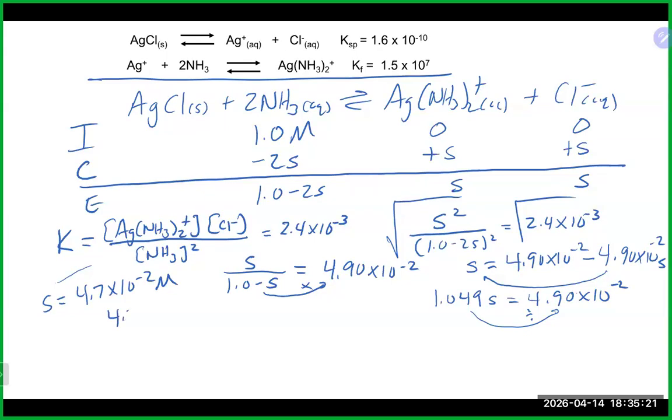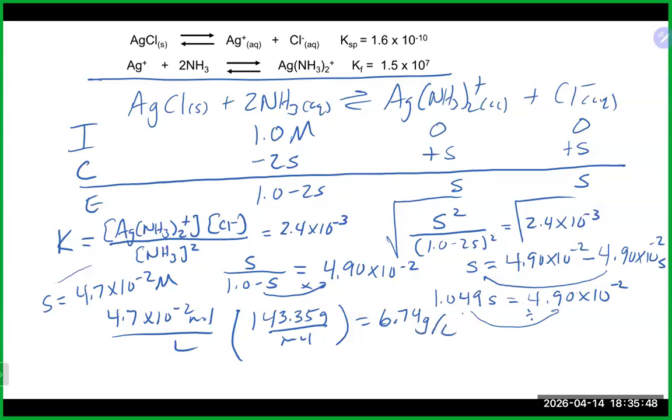So if we take this 4.7 times 10 to the minus 2 moles per liter and times it by the molar mass of silver chloride, that is going to give us our solubility in grams per liter. And that's going to look like 6.74 grams per liter. It is soluble. Question on that one there.